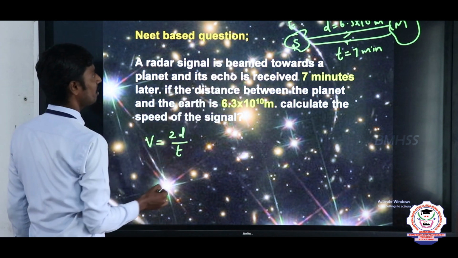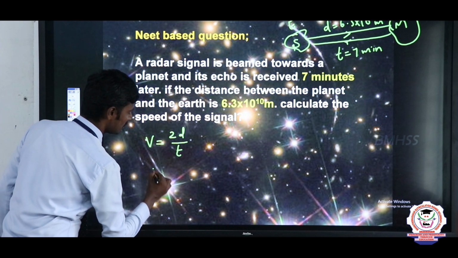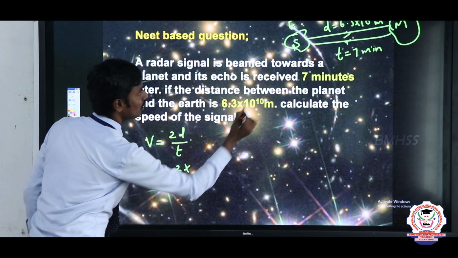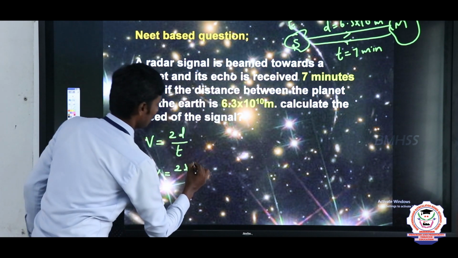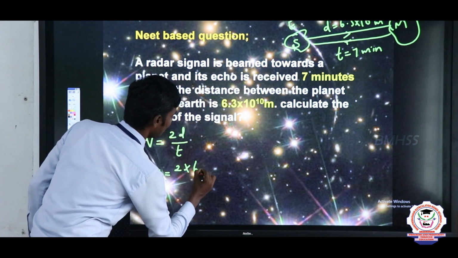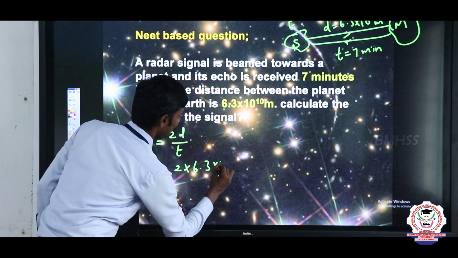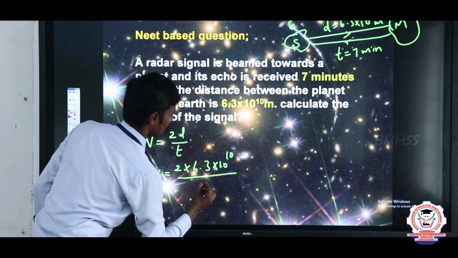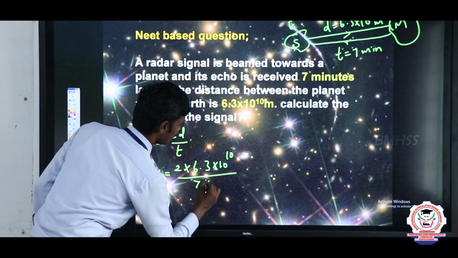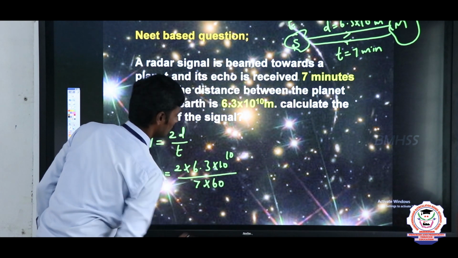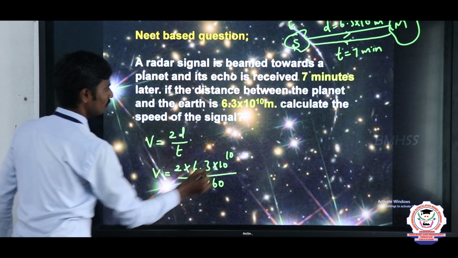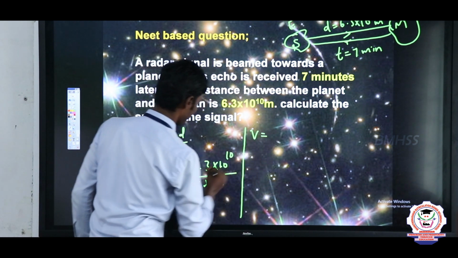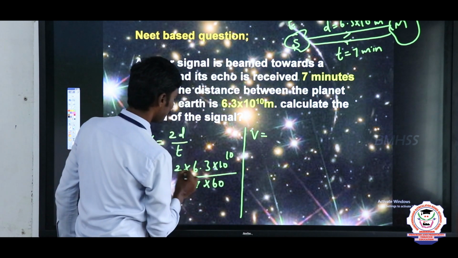Substituting these two values in the above equation, we will get the answer. v equals 2 into the distance of the planet, 6.3 into 10 power 10 meter, divided by the time taken, 7 minutes, 7 into 60 seconds. So simplify this value: the speed of the radio waves v equals 2 into 6.3, what is the value?